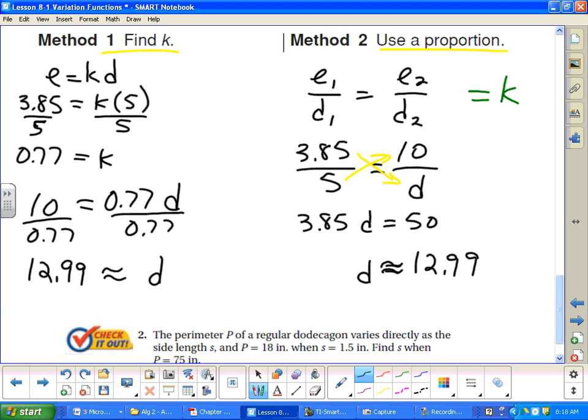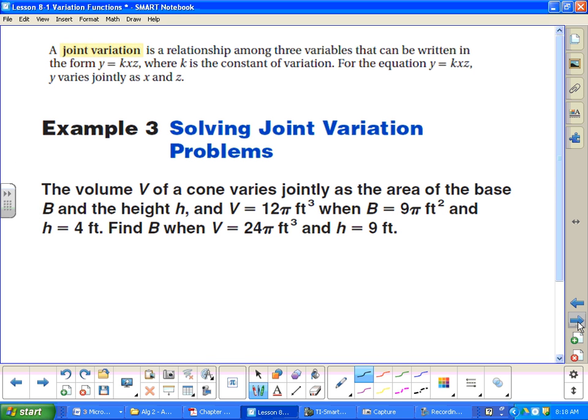All right. So there's the direct variation. Let's look at something called joint variation. Joint variation is a relationship among three variables that can be written in the form y equals k times x times z, where k is still the constant of variation.